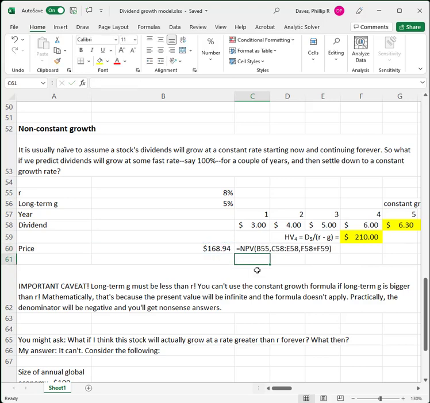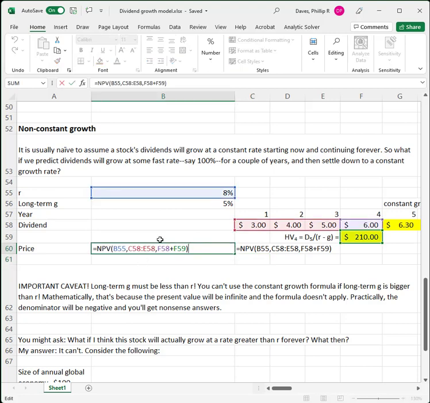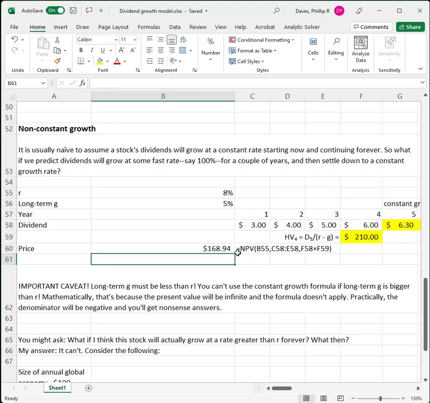Using the NPV function, just like we did a couple of minutes ago, we get the net present value at 8% of the 3 and the 4 and the 5 and the 6, but the 6 and the 210 are at the same time. They're both in year 4. We're going to include those in the same last item on the NPV function. So the present value of the 210 and the 6, or the 216, all the way back to year 0, plus the 5 and the 4 and the 3. Add those all up and you get 168.94.